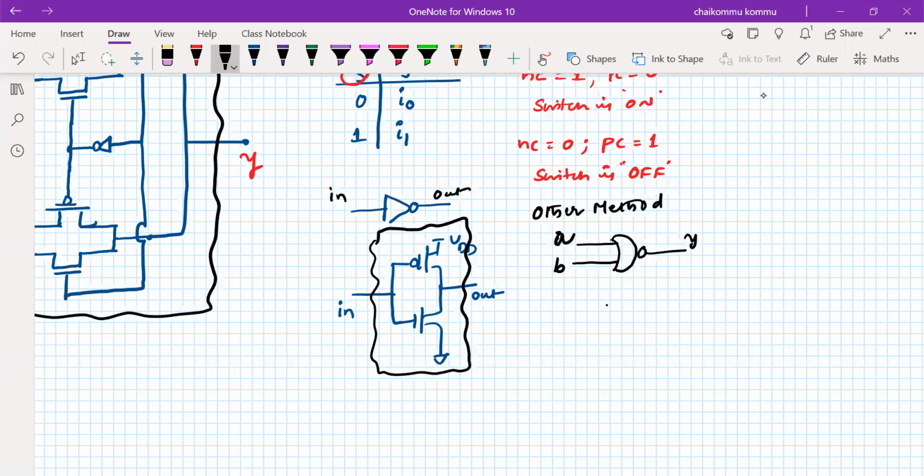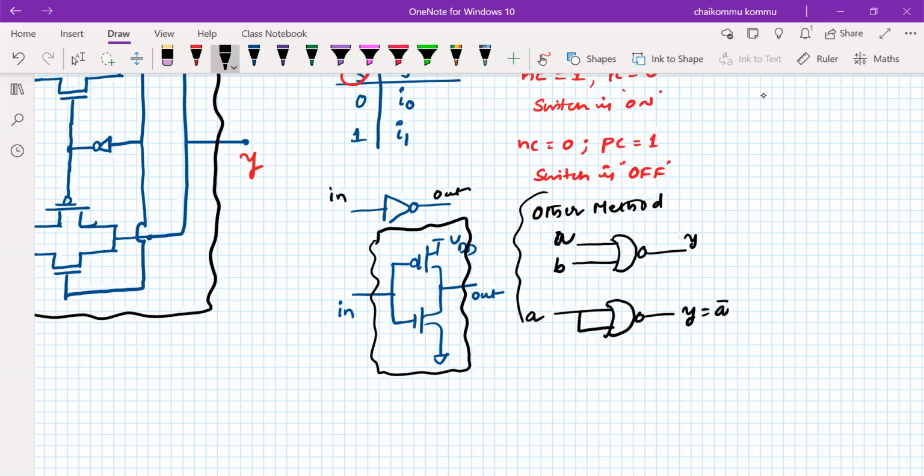How is it possible? Take the same connection from A and B at the same level. Then if you write A here, Y becomes A bar, as all of you know. We already have written the program for the NOR gate, so we can use that NOR gate directly in this particular program, provided that input and output are short circuited. So this is another method.